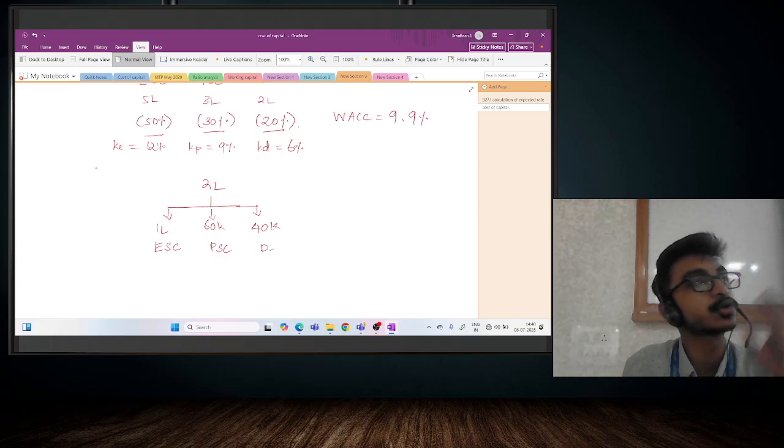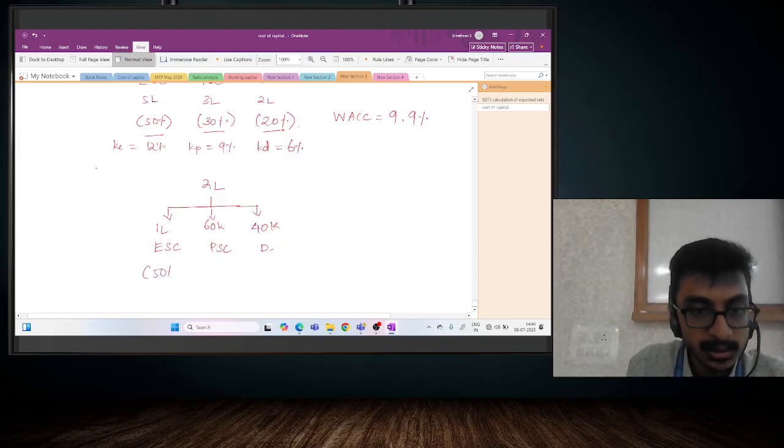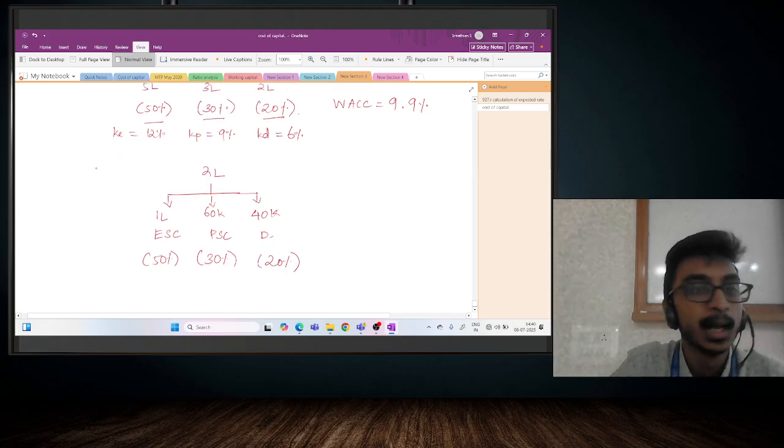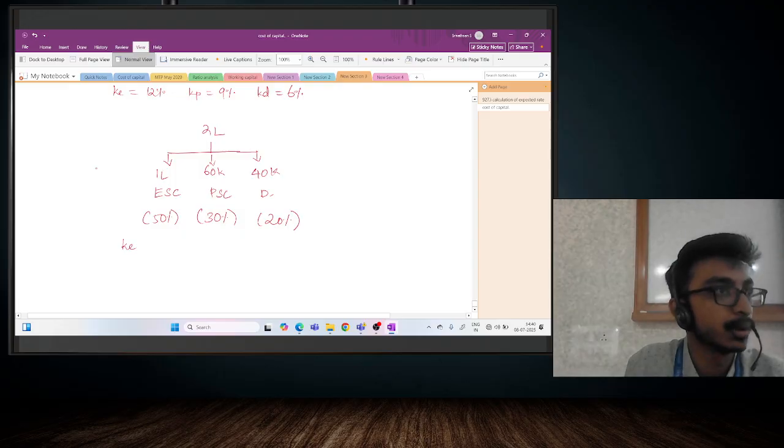Now what is the proportion of equity here, or weight of equity? 50%. Weight of preference share capital? 30%. Weight of debentures? How many percent? 20%. Right?